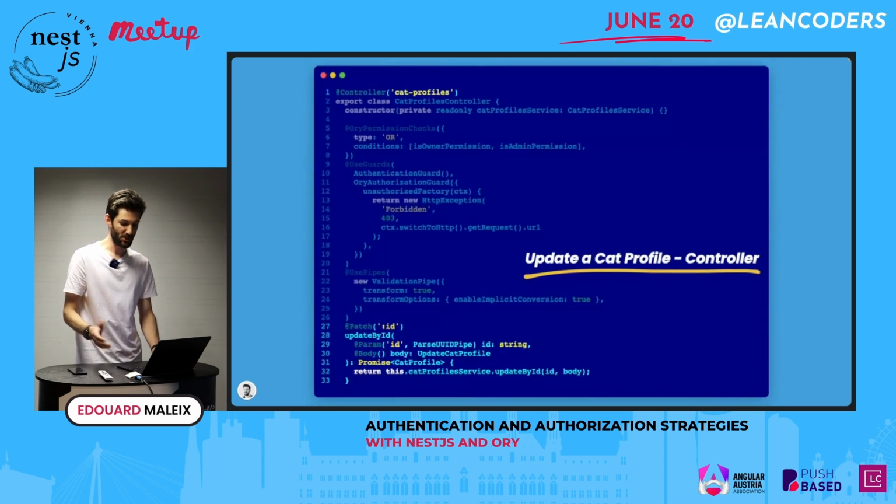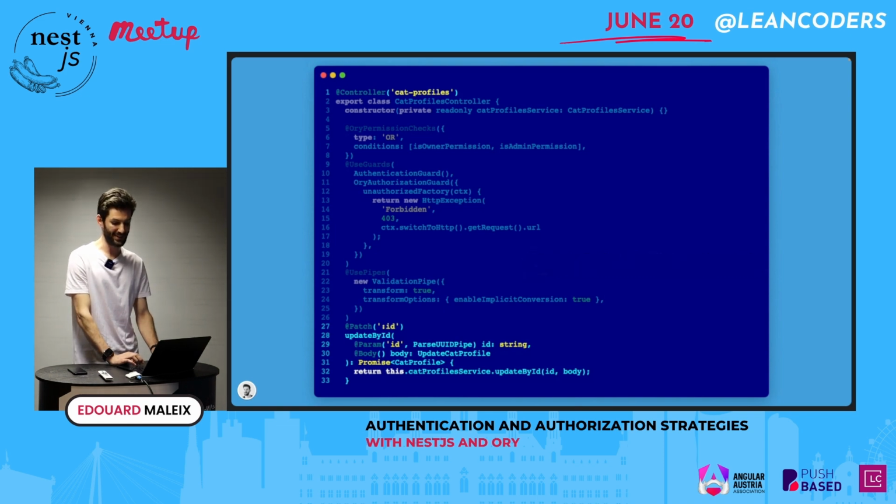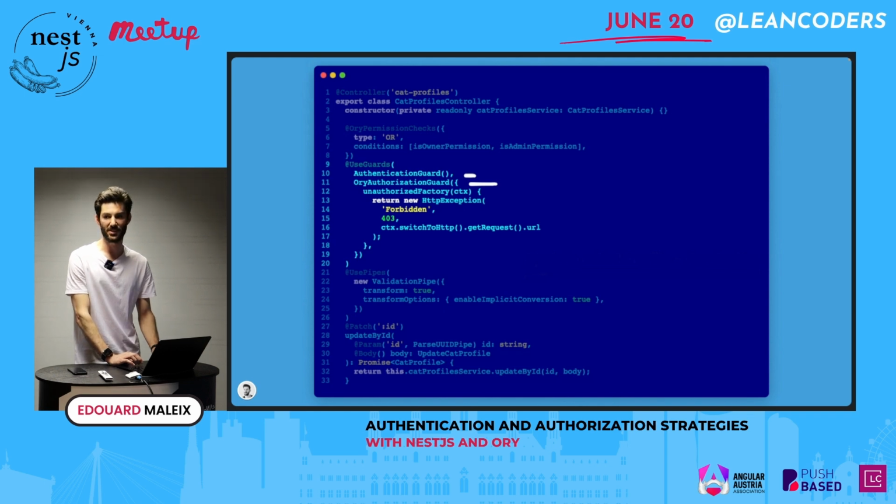To check permission, we need a case, and a good case is when we want to update an existing cat profile. So this is the endpoint. We would have two guards, the Ory authentication guard that we saw earlier, and a new one, the Ory authorization guard. This is also part of that set of libraries that I mentioned, that here will instead interact with Ory Keto's permissions API.